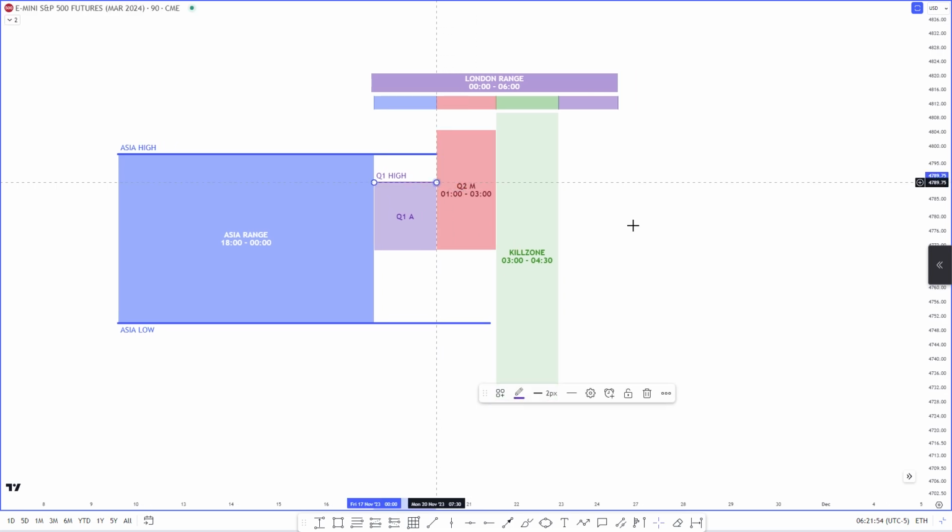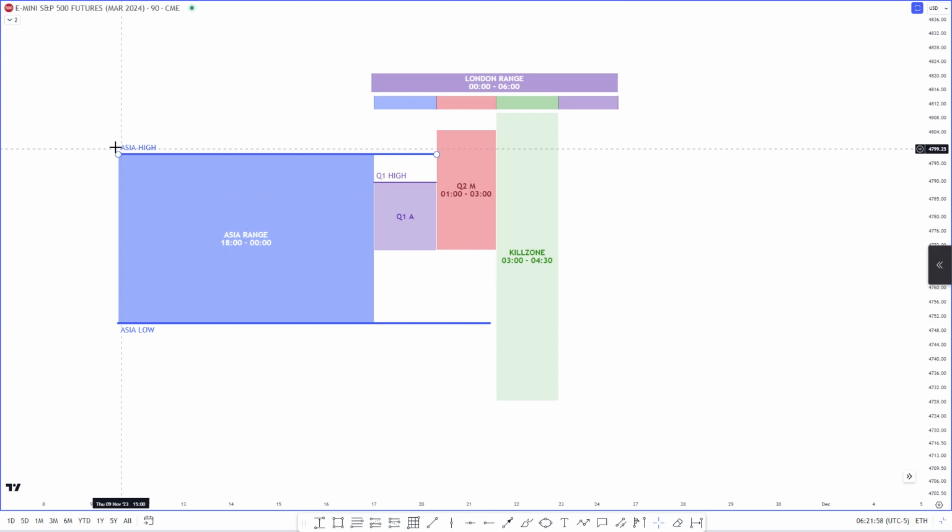In simple terms, Q2 should sweep the Asia high and Q1 high, or vice versa. Whichever one it sweeps first doesn't really matter. But usually I prefer the ones where price sweeps Q1 first, then draws higher to sweep Q2, and then draws lower.